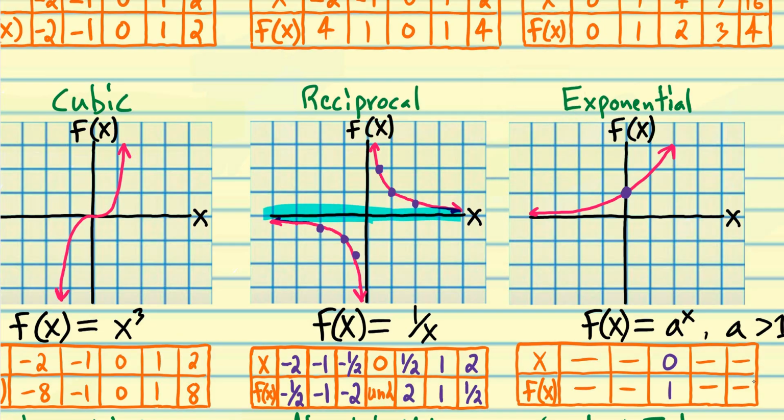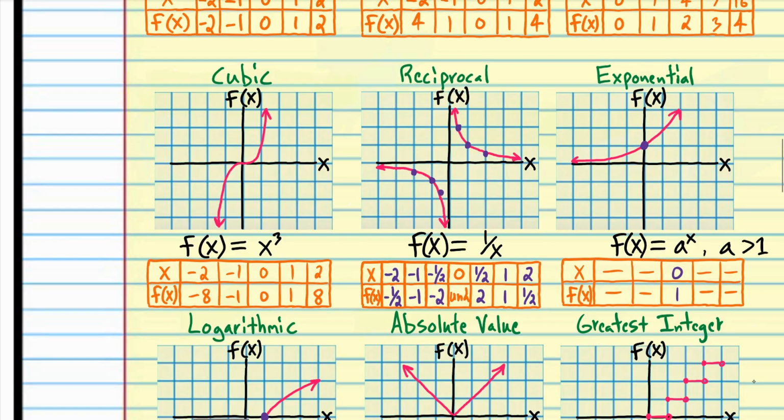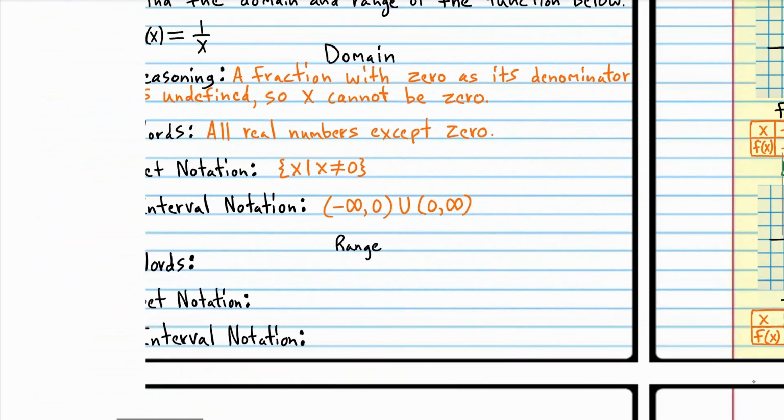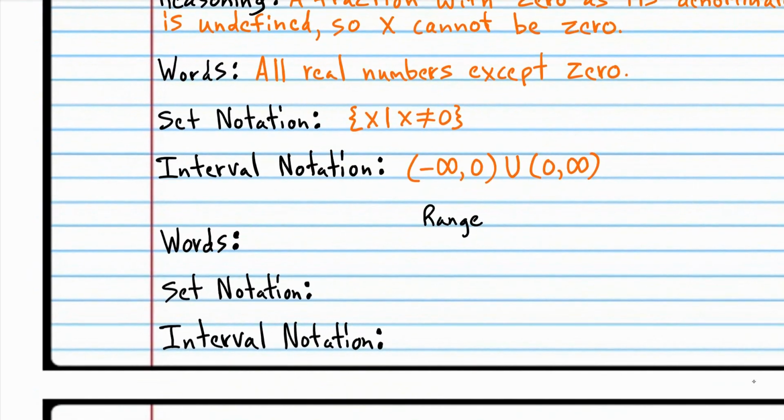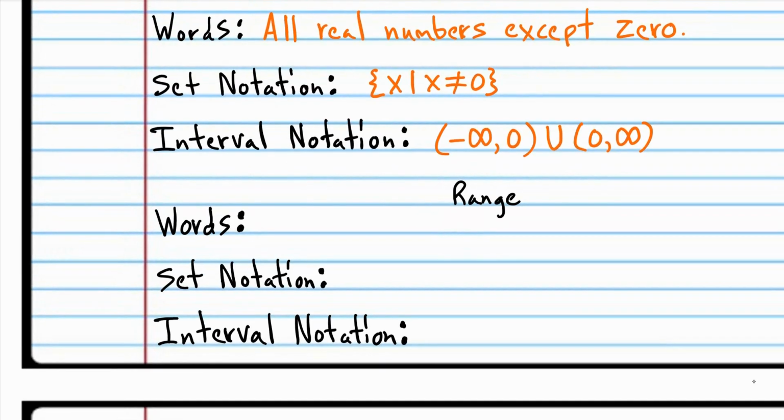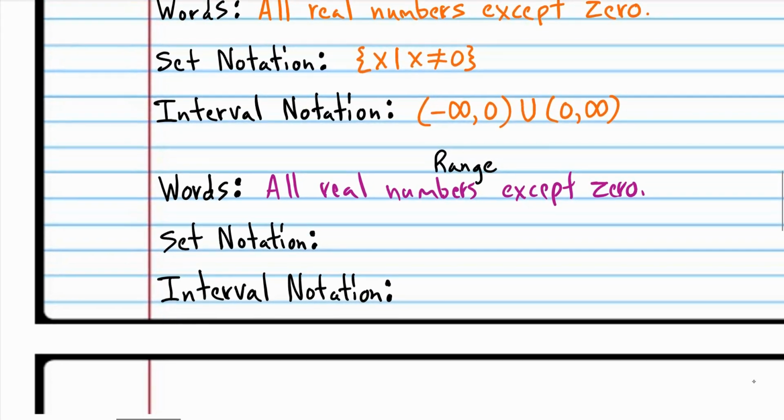There are no points that are on the x-axis. So there are no points that have a y value of 0. So 0 is the only value that is not in the range. So the range is all real numbers except 0. So the range just happens to be the same as the domain.